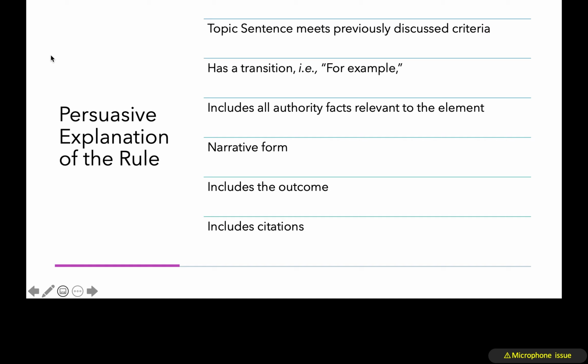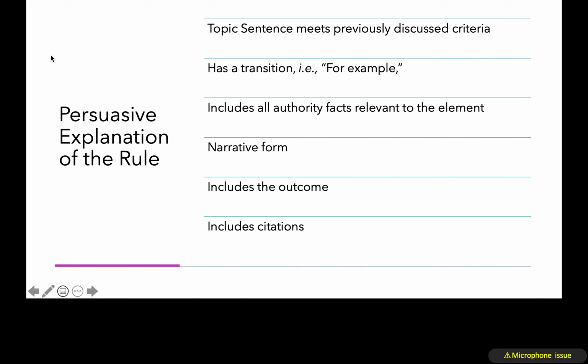It also includes all of the authority facts relevant to the element being CREAC. So any facts from that authority case that are relevant to that particular element being CREAC, you would include in that explanation paragraph about that authority case.